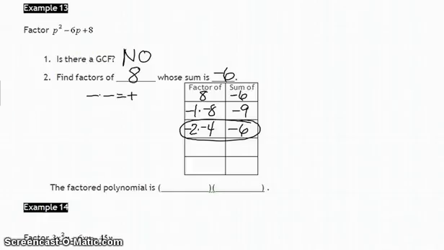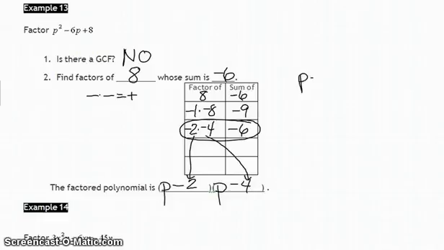So I take my first term, p squared, and I put a p in the first spot, and then the two factors I found go right down into those binomials. Let's check and see how we did.